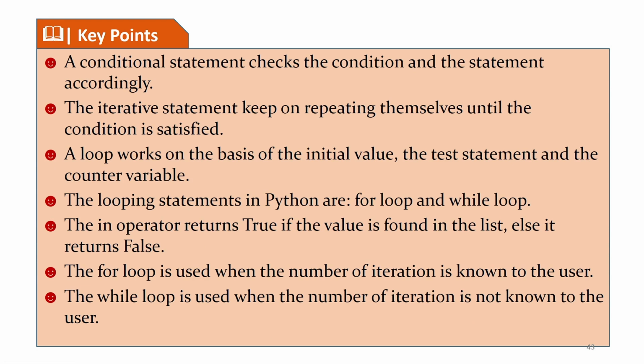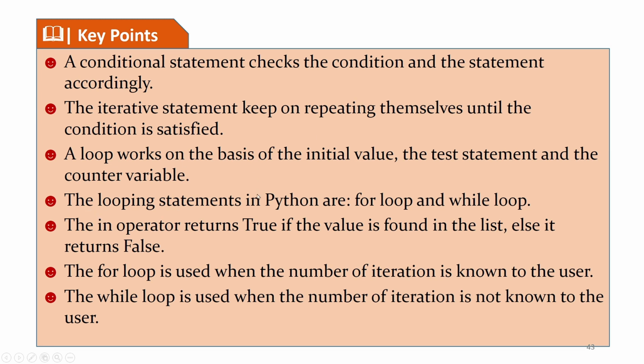Let us now quickly see the main key points that we have learned in this chapter. A conditional statement checks the condition and executes the statement accordingly. The iterative statements keep on repeating themselves until the condition is satisfied, that is, the result of the condition is true. A loop works on the basis of the initial value, the test statement and the counter variable.